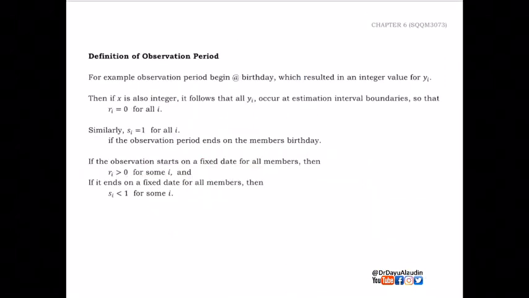So now we go to the definition of observation period.